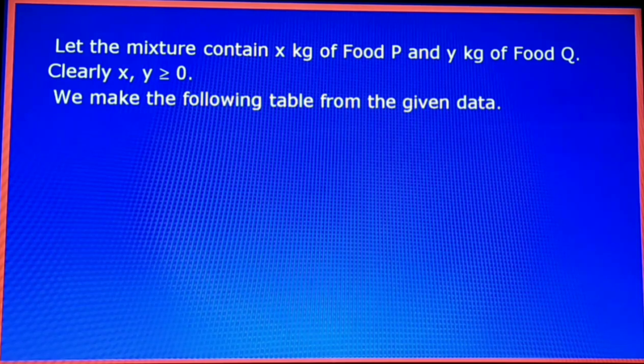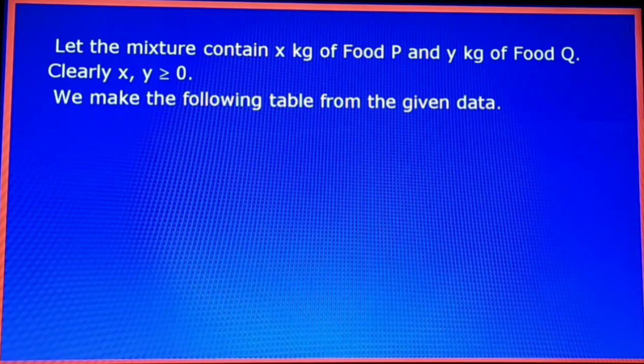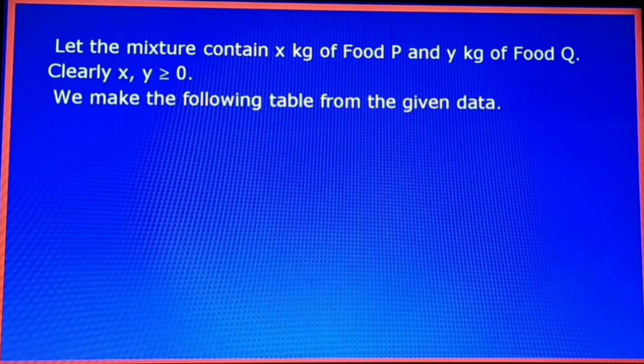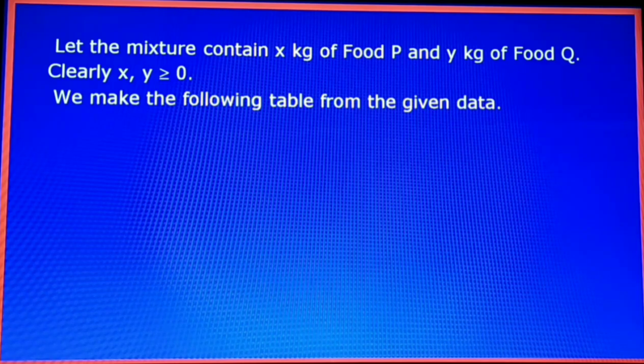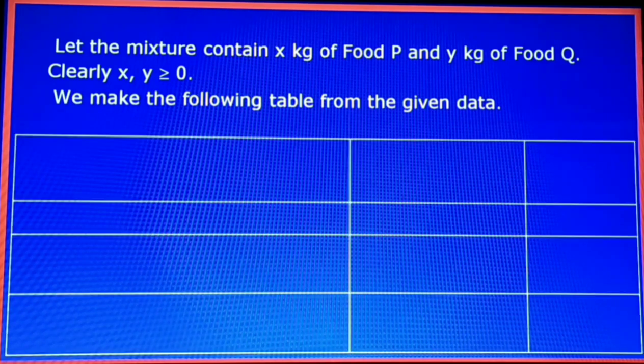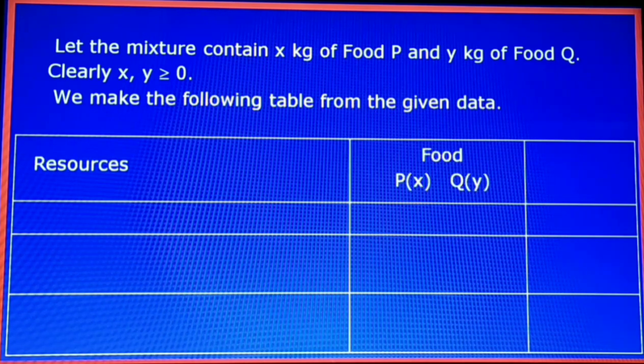Let the mixture contain x kg of food P and y kg of food Q. Clearly, x and y both are greater than or equal to 0. We make the following table from the given data. Resources, food types P and Q, requirements.